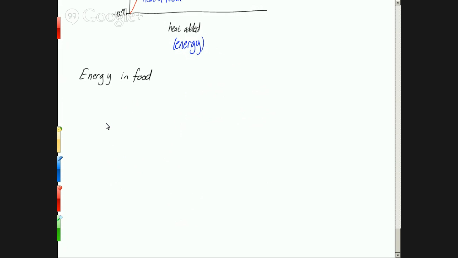All right. It's actually the fat that is the most densely stored energy. And of course, different fats are different, but in general, fats average about 9 kilocalories per gram. So every gram of fat contains about 9 kilocalories of energy.